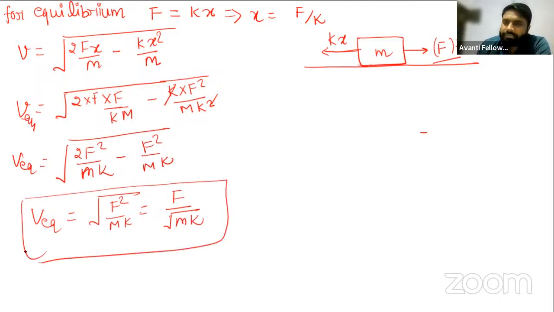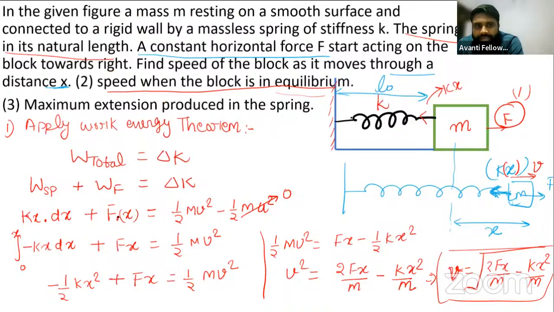The same question was asked in 2019 in JEE Main. So just try to remember these things: when a general position x has been asked, you have to apply this approach. Apply the work energy theorem, and calculate the work done.